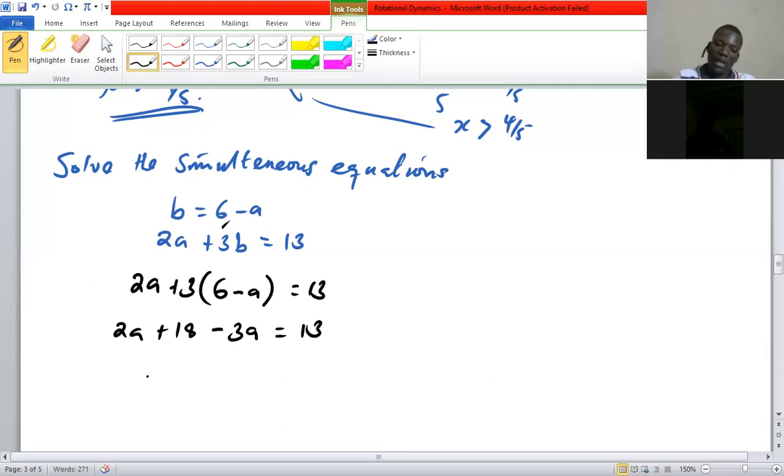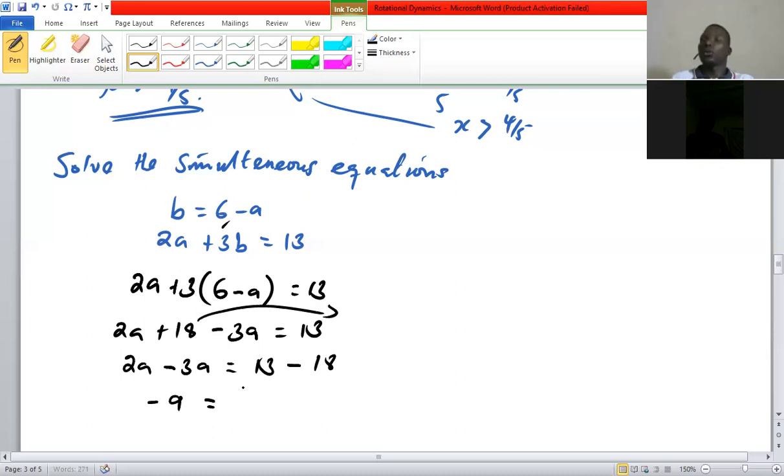So we group the like terms, and we have 2A minus 3A is equal to 13, and 18 comes to this side and becomes negative 18. So we have negative A this side, 2A minus 3A is negative A, and then we have 13 minus 18, which is negative 5.